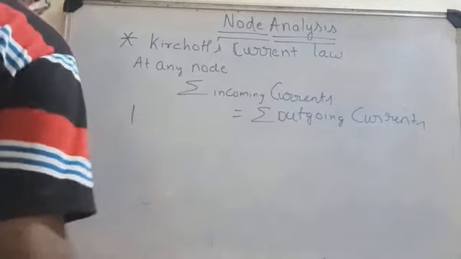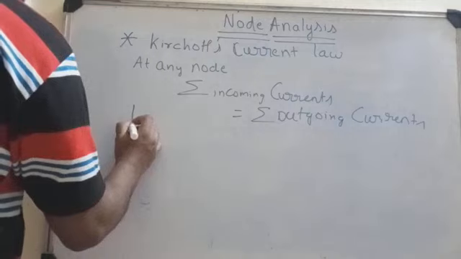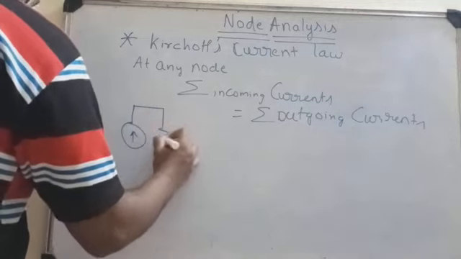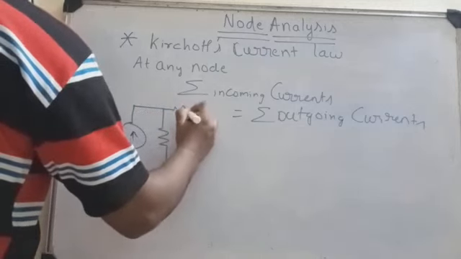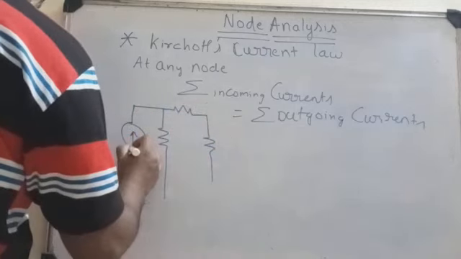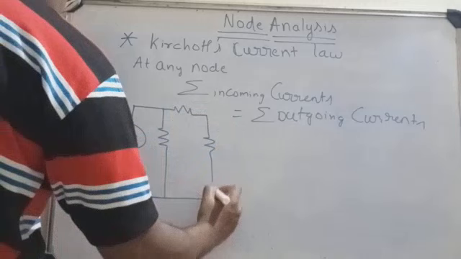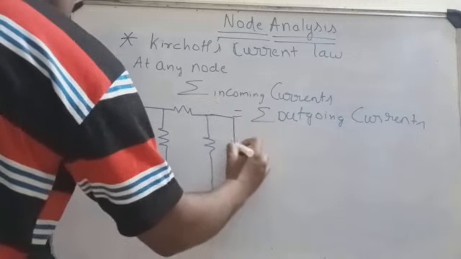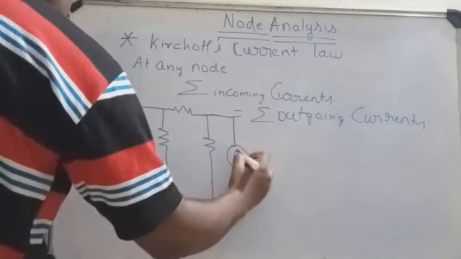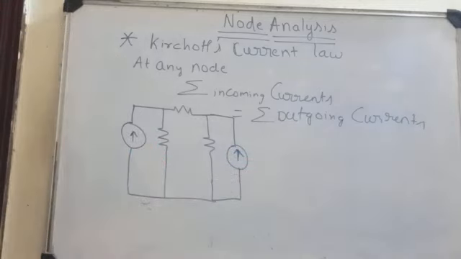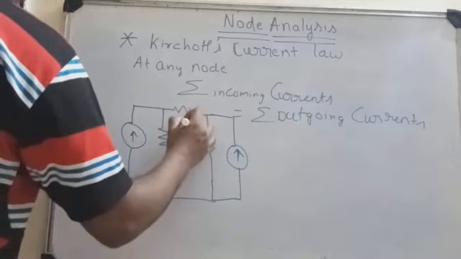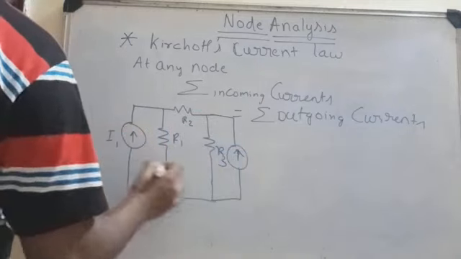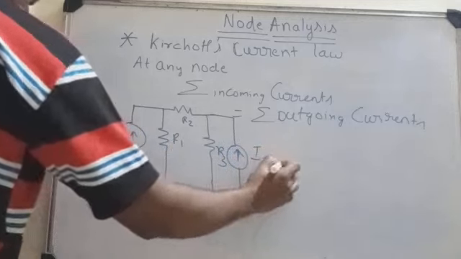Example: suppose I have a circuit like this. So this is R1, R2, R3, I1, I2.